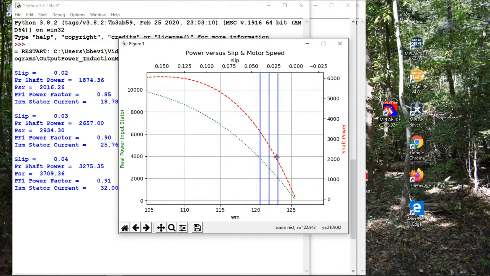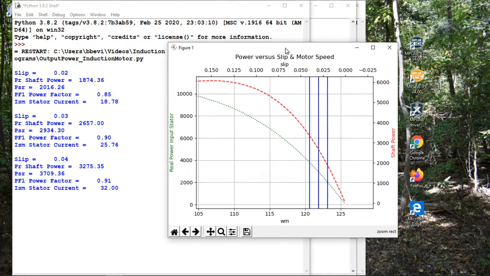Let's look at some values here. So at a slip of 0.02, the shaft power is somewhere around 1800, and the actual power into the stator terminals is somewhere around 2000. These are skewed here, so it's probably better to look over here.